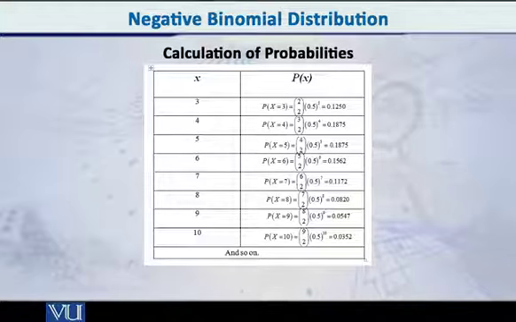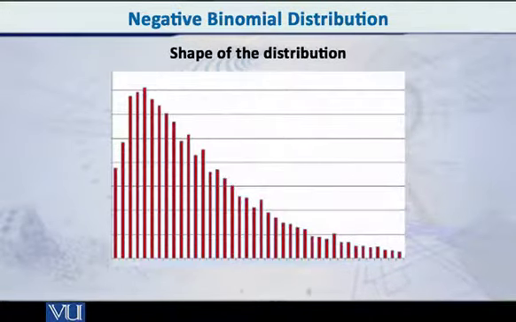And for x equal to 5, again, it is 0.1875. But then after that, it declines. For x equal to 6, it is 0.1562. And for x equal to 7, it is 0.1172, and so on. So if I draw the graph of this particular negative binomial distribution, what kind of a shape do I get? It is a moderately positively skewed shape.